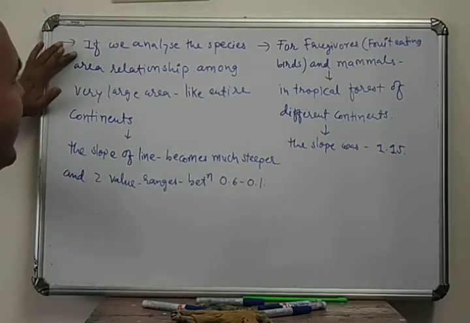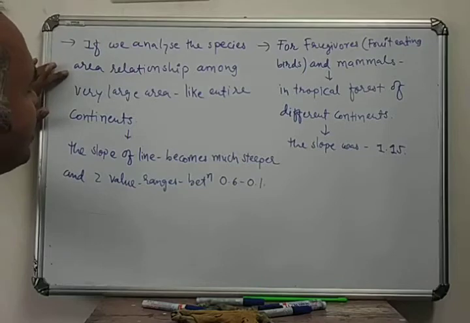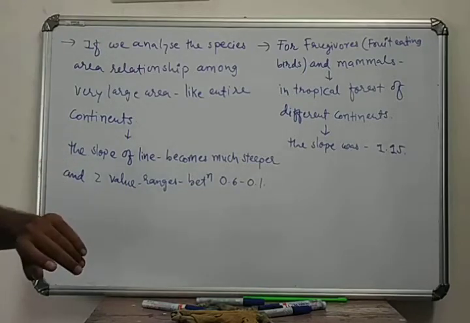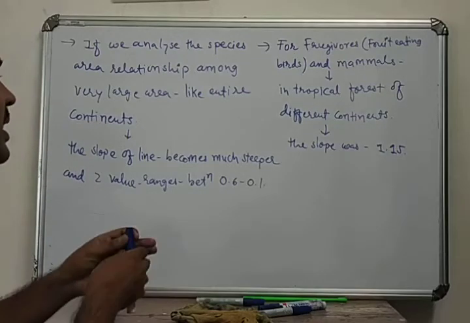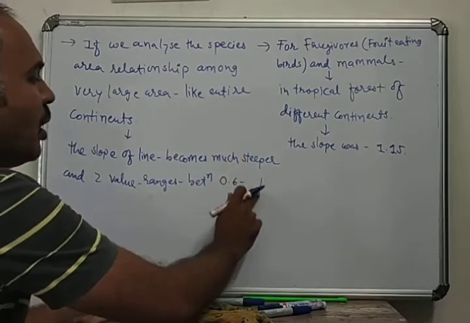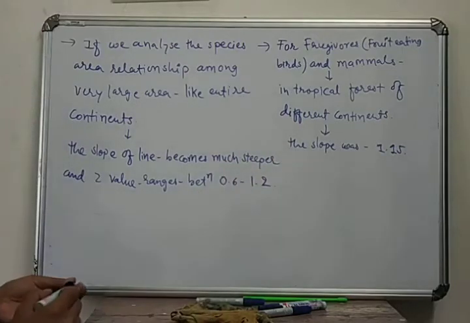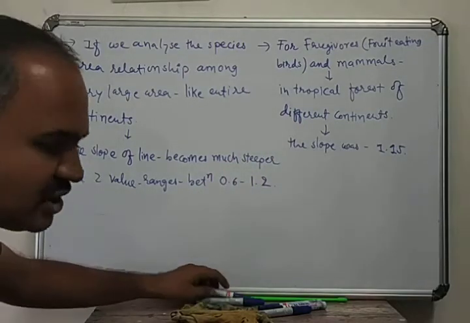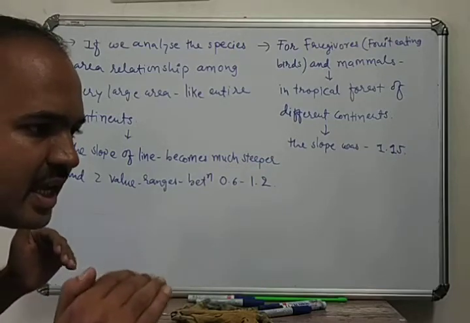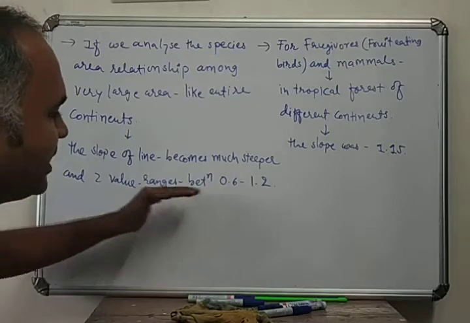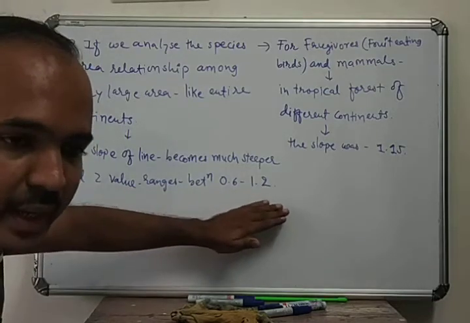So if we analyze the species area relationship among a very large area, then the value of the slope increases very much and it becomes very steep. Its value ranges from 0.6 to 1.2.